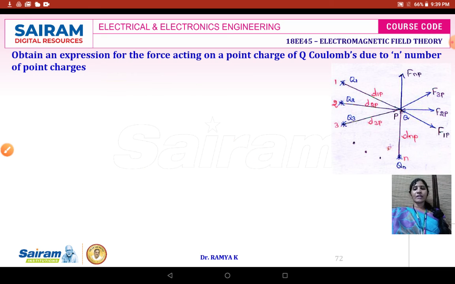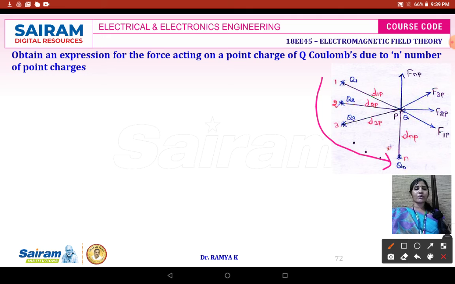So in the given diagram you have n number of point charges, that is 1, 2, 3 and up to n. We need to identify the force at this particular point. Therefore you will get n number of forces, that is, the net force acting at point P is equal to the force acting at point P due to point 1.